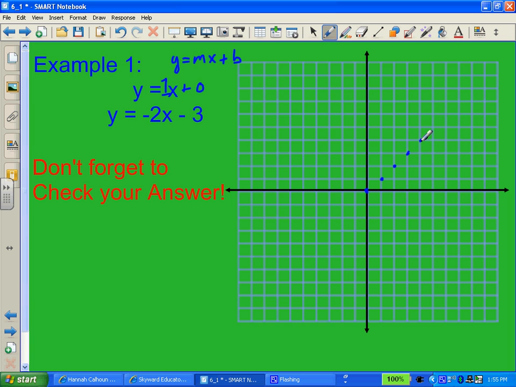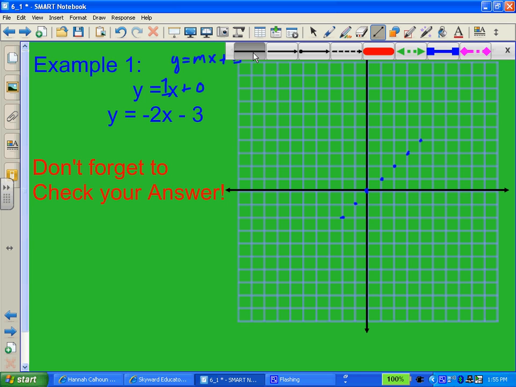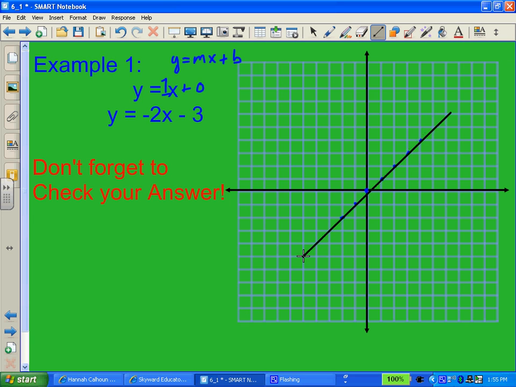And again, I just like to make lots of dots, so that I have really straight lines. And it's very important in this that we have really straight lines, because if you don't, you're not going to end up with the right answer. So here's my line for y equals x.